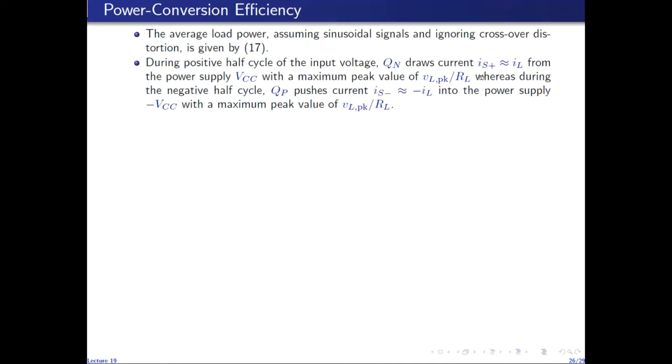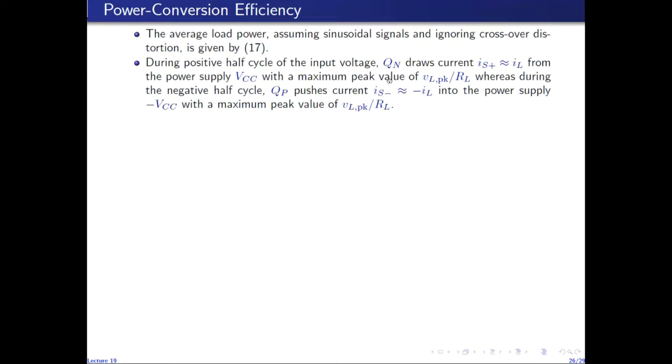The collector of Qn is directly connected to plus VCC, so the current drawn from plus VCC is the collector current of Qn, which is approximately equal to the emitter current of Qn, which is the load current. This is the approximation under the assumption that alpha is 1.